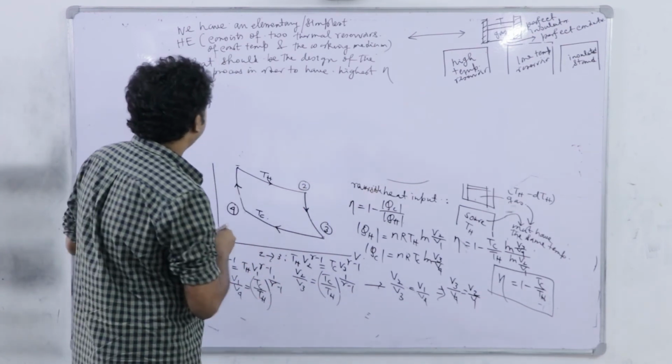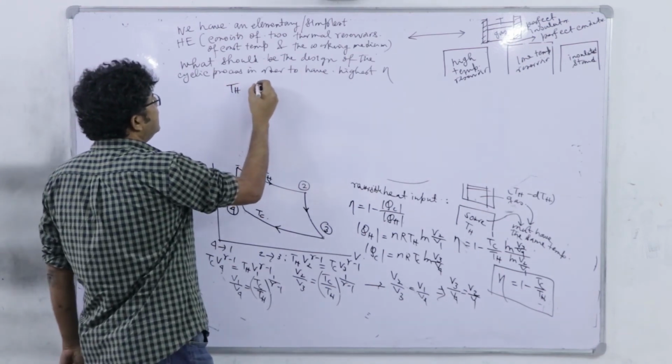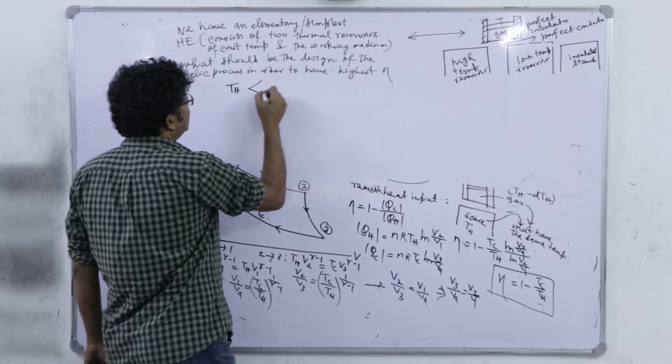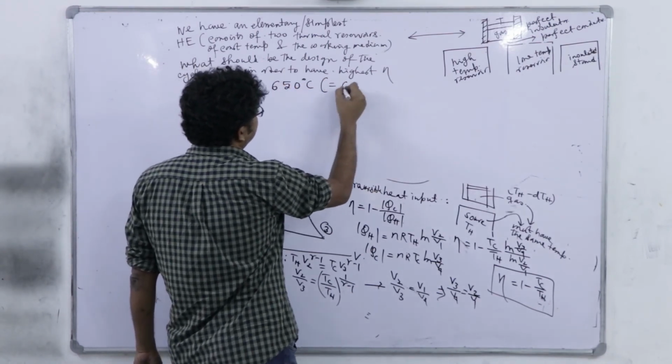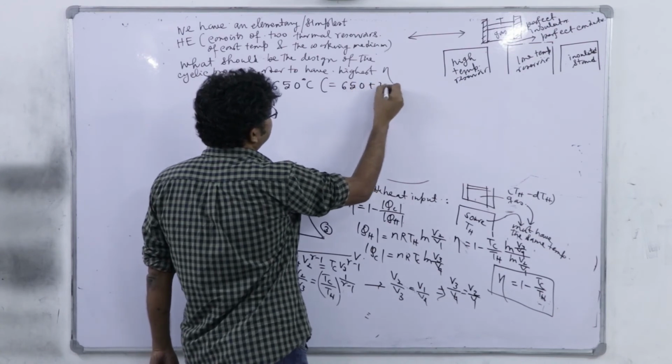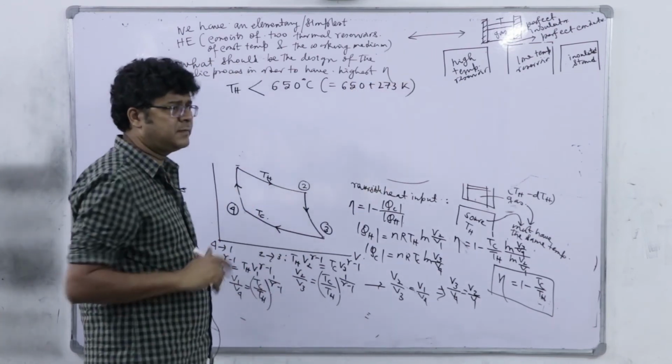Now, Th is limited to 650 degrees Celsius, which is 650 plus 273 Kelvin, right. Why is it limited to 650?